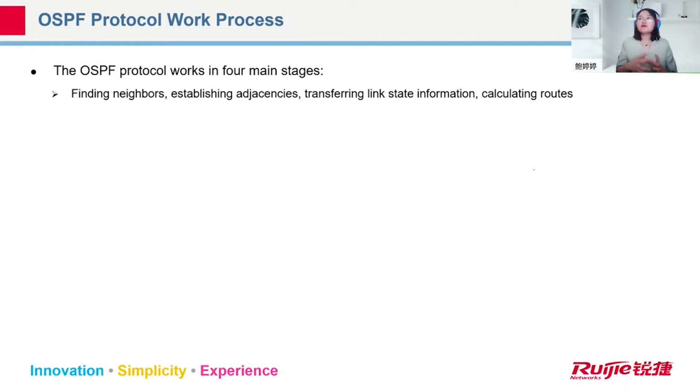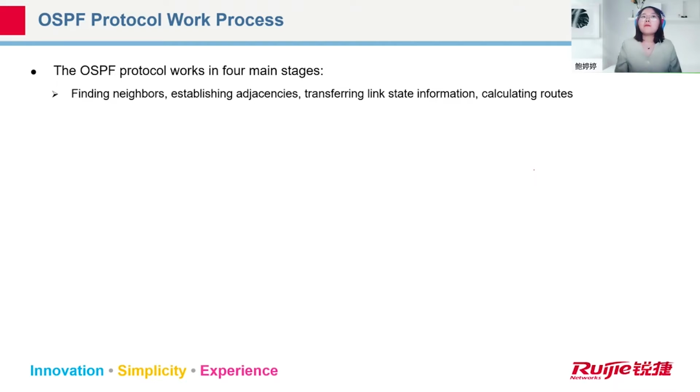In the database, you can know the whole topology in the network: what the interface address is, what the mask is, what the cost value is. Then each device can use a special algorithm, we call it the shortest path first, SPF algorithm, to finally calculate the best path based on my device.